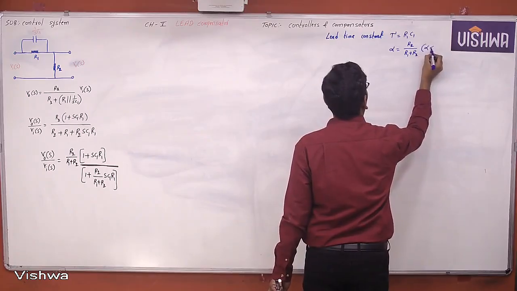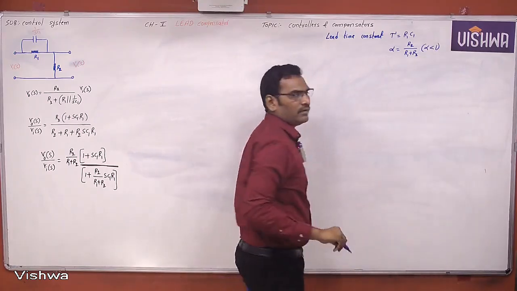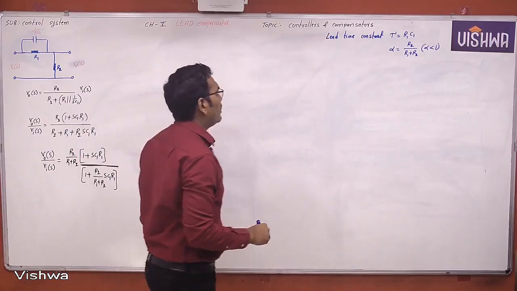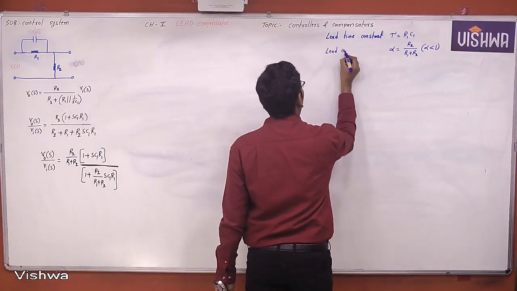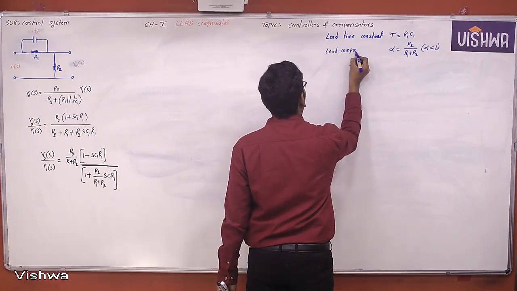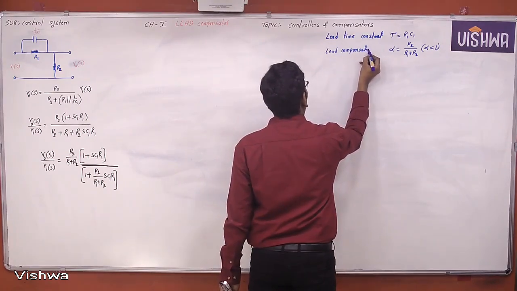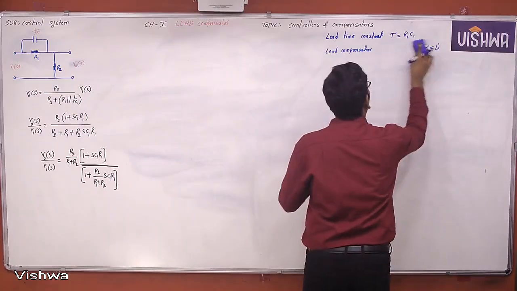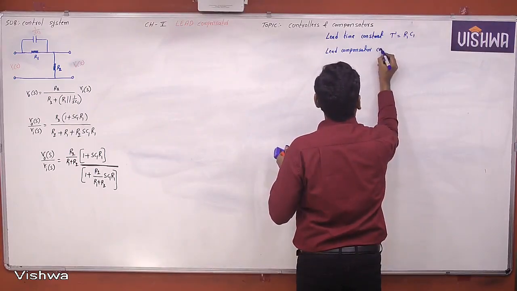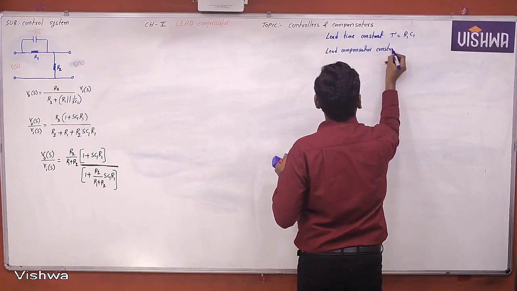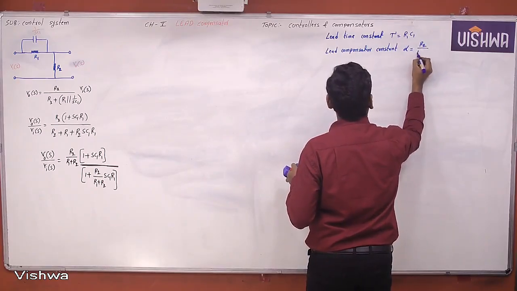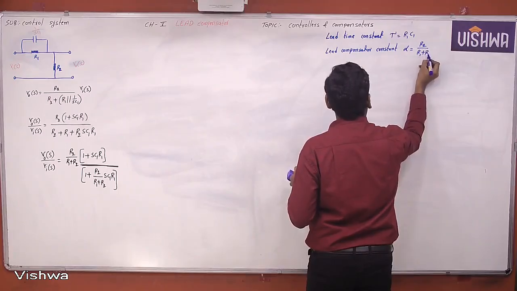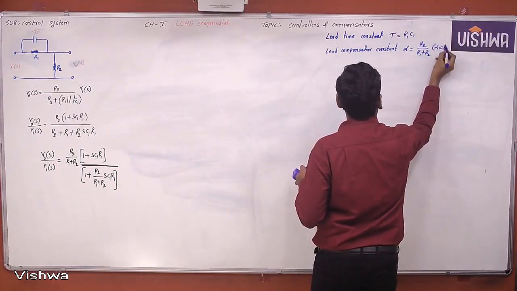Now this constant is less than 1 because the denominator value is more. Therefore this is called the lead time constant, and this is called the lead compensator constant alpha, which is equal to R2 by R1 plus R2, which is less than 1.